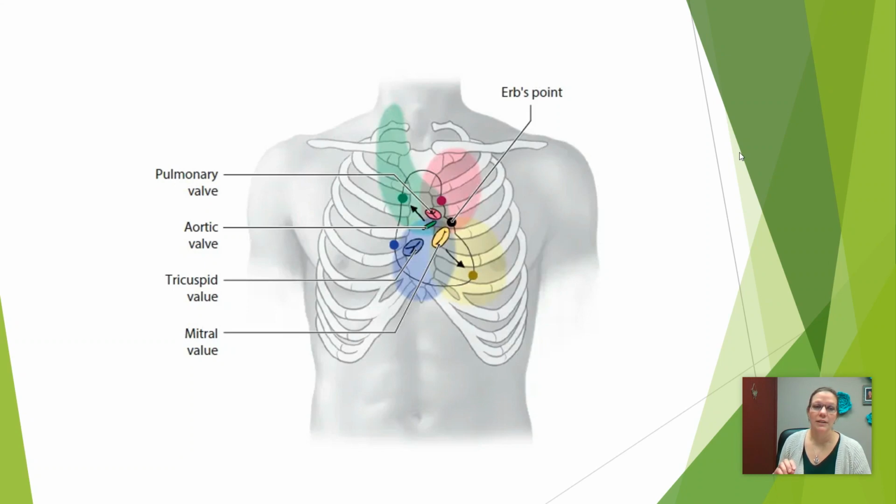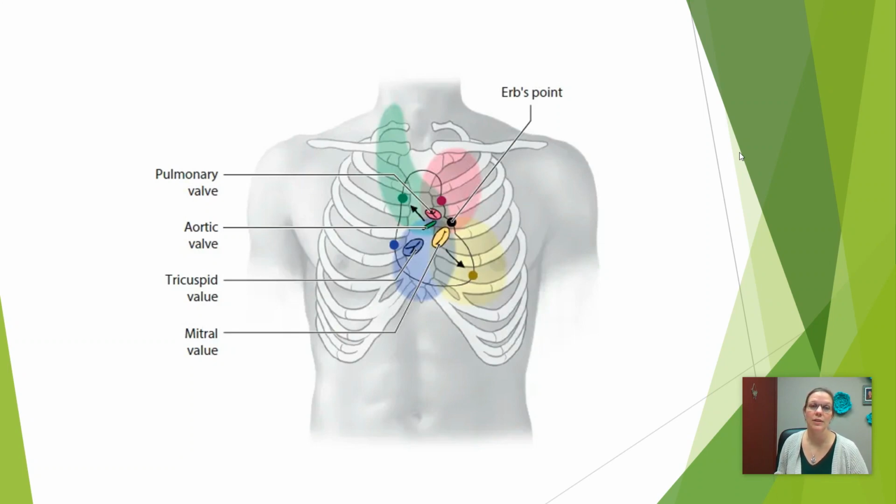You don't have to listen just in one spot. You may end up moving your stethoscope around a little bit, and that's completely okay. If I have a student that puts their stethoscope down and they hear everything perfectly, and they tell me that they never have to hunt for a better sound for each of the valves, I'm going to question whether or not they're doing a good, thorough assessment and listening for what they need to listen to.